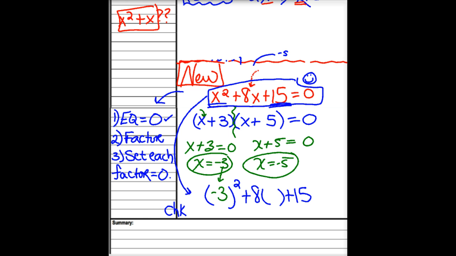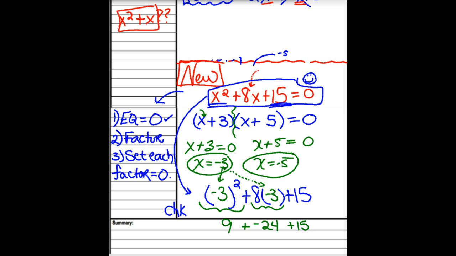X squared plus 8 times x plus 15. Let's see what we get. Negative 3 times negative 3 is 9. 8 times negative 3 is negative 24. And then I've got that 15 there who doesn't have a variable attached.